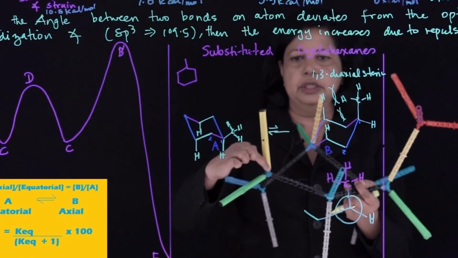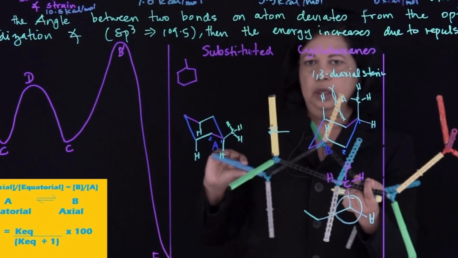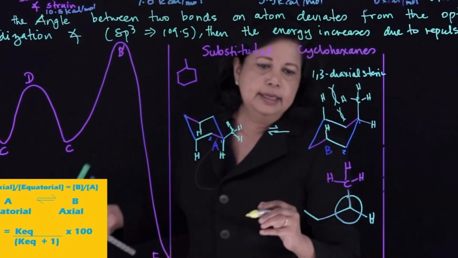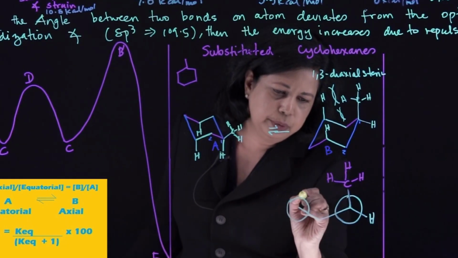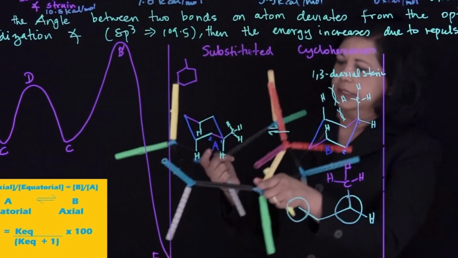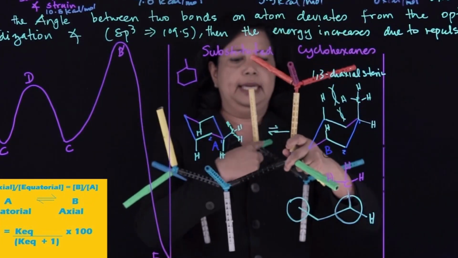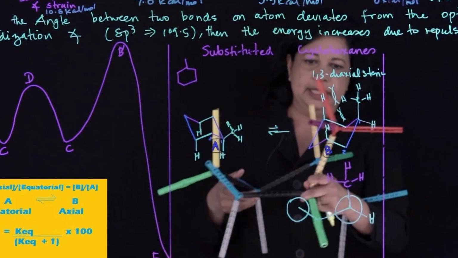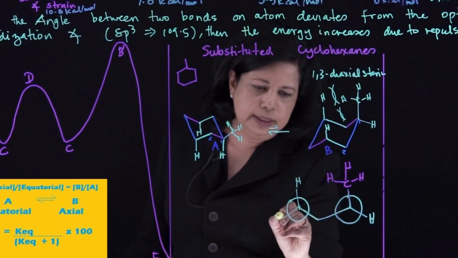This is your front dot with 2 hydrogens. This is your back circle with 2 hydrogens. So you have 2 Newman projections, because you can think of this as 2 butanes. One is this butane and the other one is this butane. These are all hydrogens, so we're just going to put this like that.